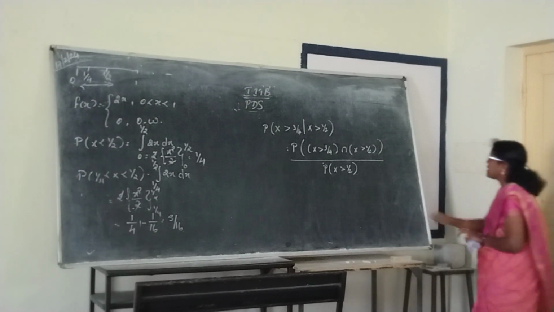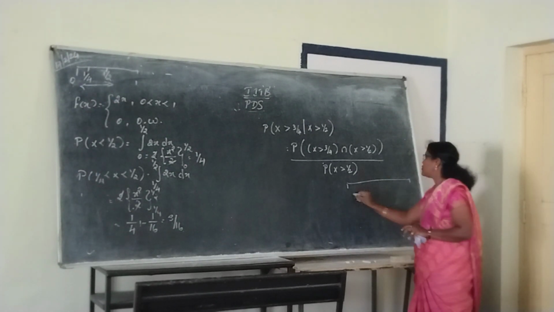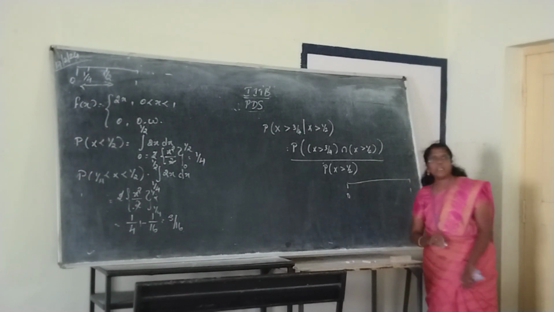Okay, so where the interval is defined, 0 to 1. What are the points given here?